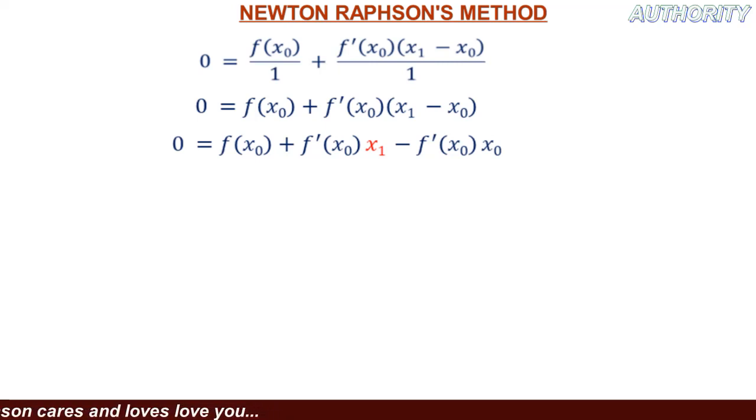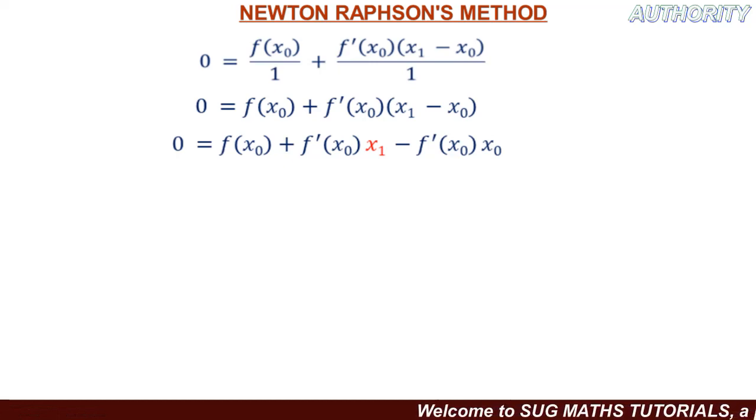Initially we were looking for the value of x, and now we replace x with x1. We are still interested in x1, so we make x1 the subject. Let's move the f prime of x naught times x1 term to the other side and rearrange.